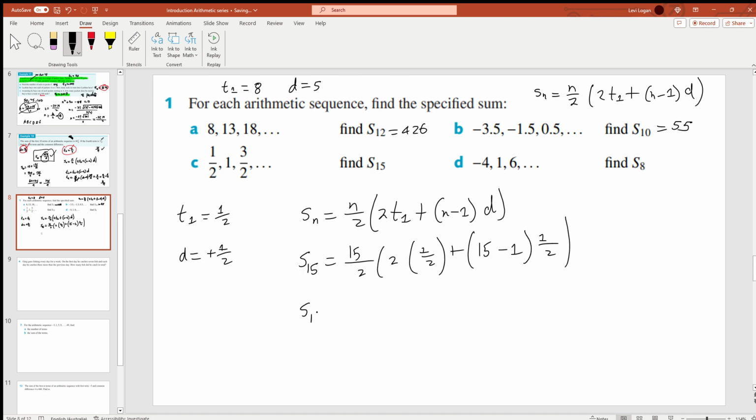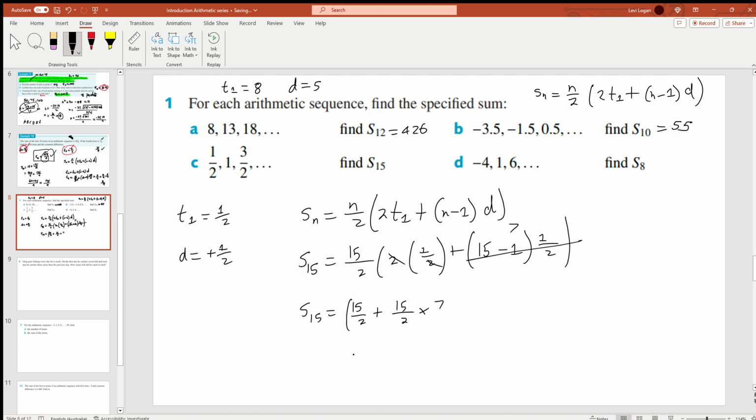I don't know what 15 over 2 is, I think it's 7.5, but I'm going to leave it like that for now. That can cancel. That's going to be 14 over 2, which turns into 7. So in other words, we've got 15 over 2 plus 15 over 2 times 7.